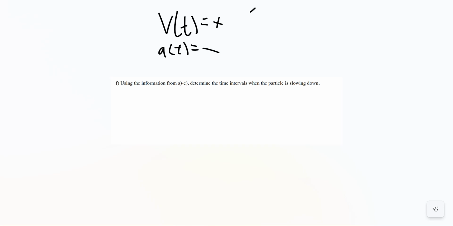You can see on the velocity versus time graph that when you have a high velocity but it's always going down, it's slowing down, which means the slope is negative, so the acceleration is negative. And the opposite: if the velocity is on the negative side, acceleration must be positive because it's slowing down.